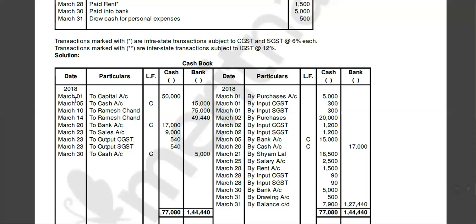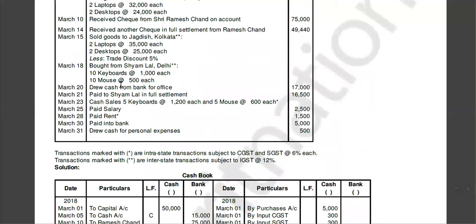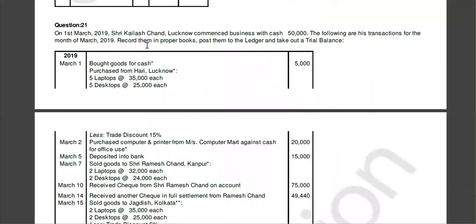So cash book, first step: started with business cash. See, Sri Kailash Chand Lagno commenced business with cash 50,000. So this is called capital. So cash account debit to capital.